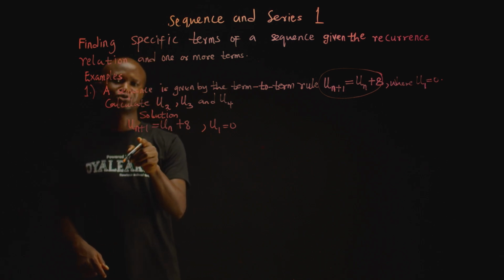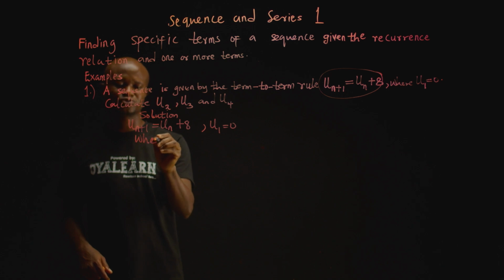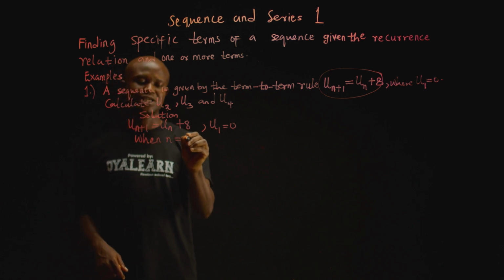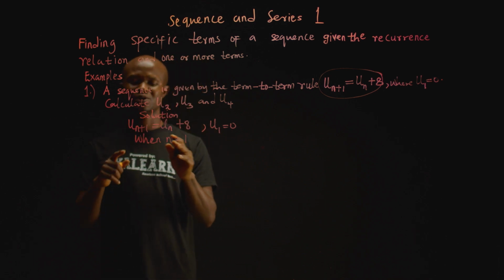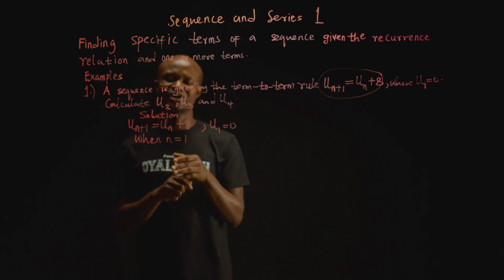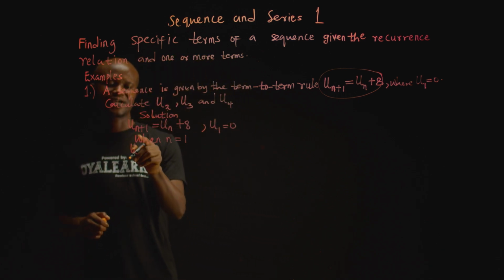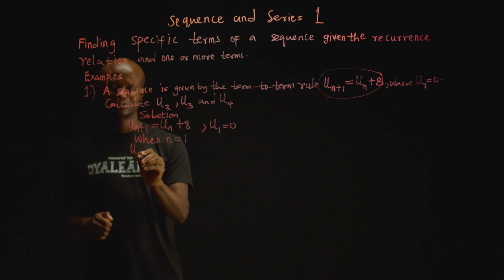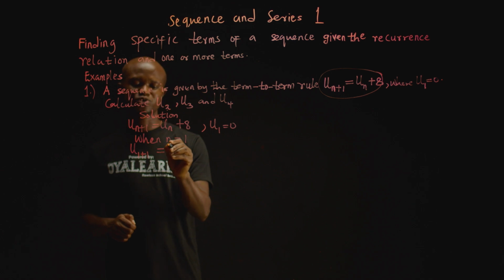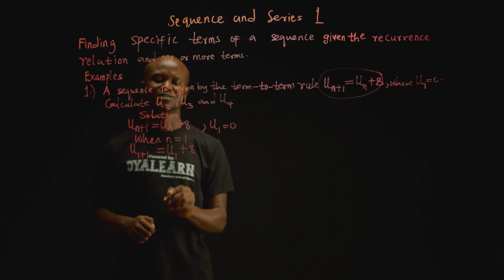For us to get U2, the first thing to do is to say when n equals 1. What would be the effect of n equals 1 on the recurrence relation? Anywhere we have n, we put 1. U subscript 1 plus 1 equals U subscript 1, then plus 8.